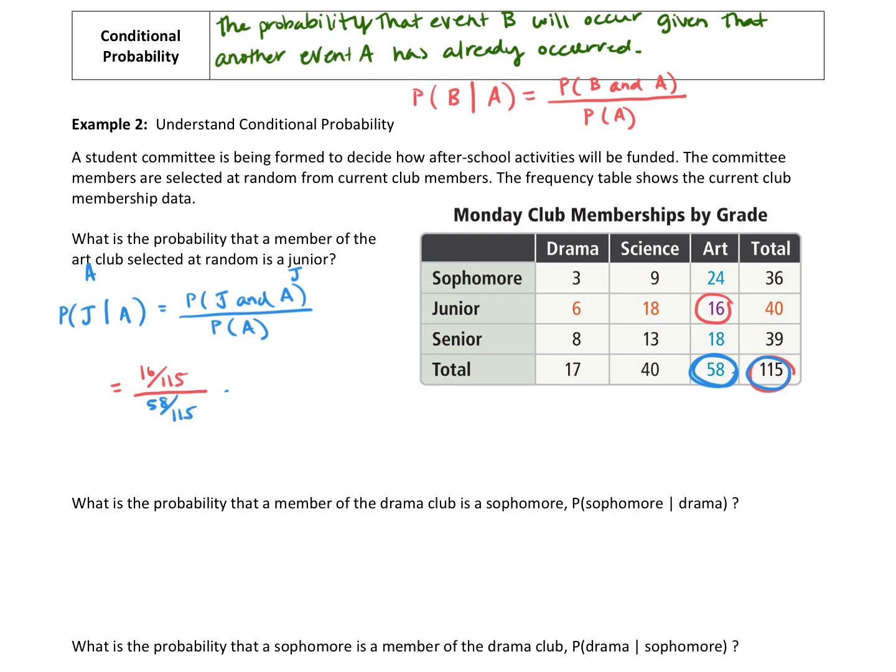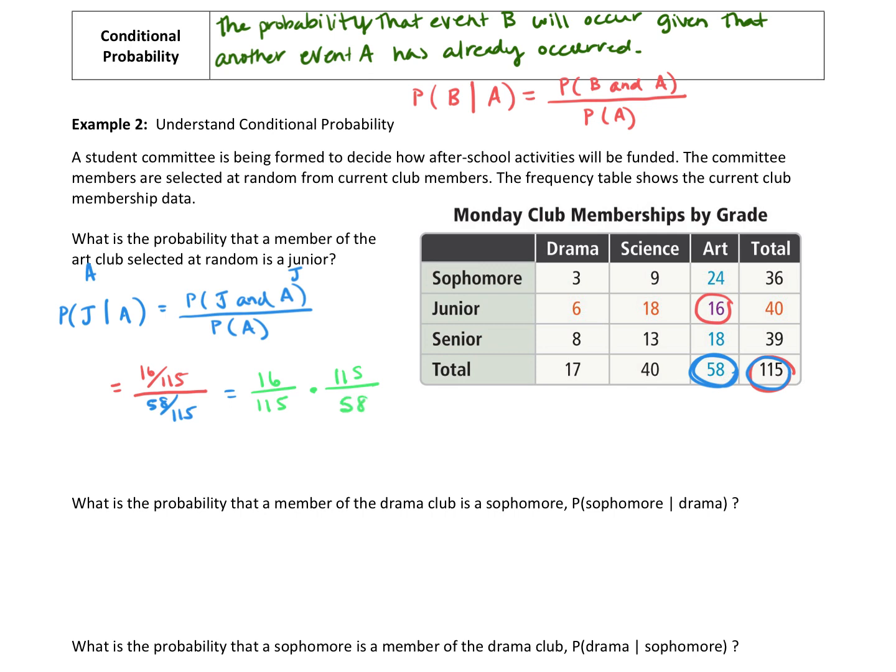All right, so how do we simplify this? Well, we are dividing fractions. So let's just go ahead and take our probability on the top, the 16 over 115. Remember when we divide by fractions, we multiply by the reciprocal. So I'm going to change that division to multiplication, and I'm going to get the reciprocal or flip that bottom fraction. That's going to be 115 over 58.